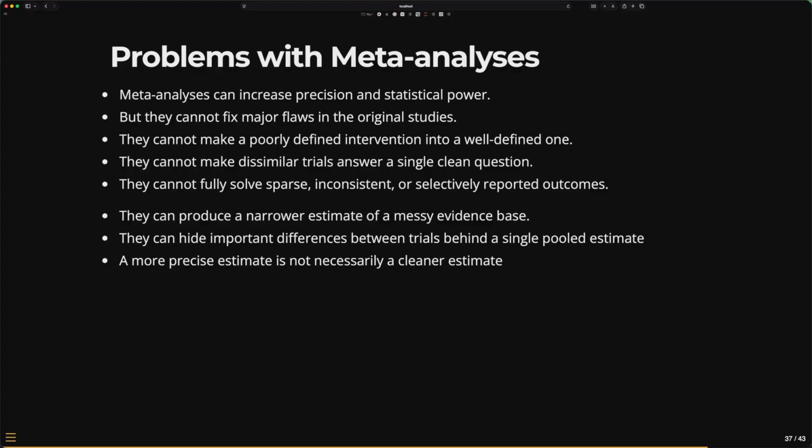Yeah, I was just about to say, I feel like a really good RCT would be way more telling than a meta-analysis on 10 bad studies. Yeah, the issue is that they may make it appear like a more robust estimation, but if all the trials aren't that well done, then it can be misleading.